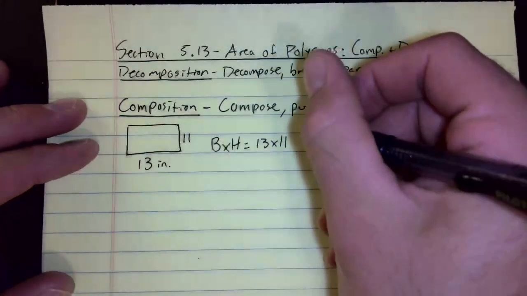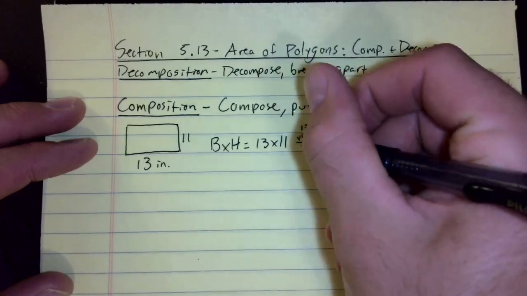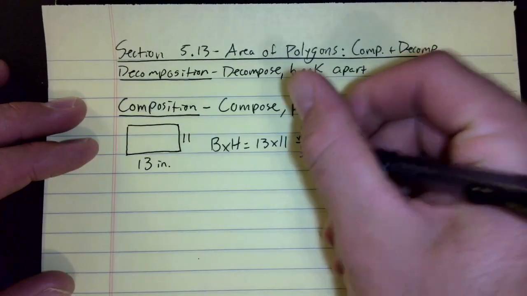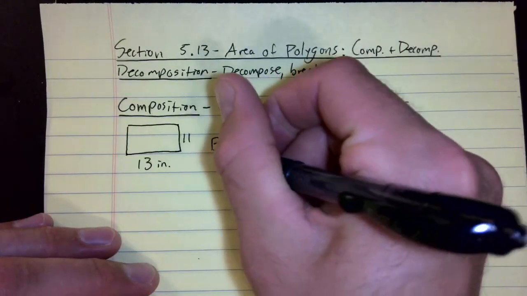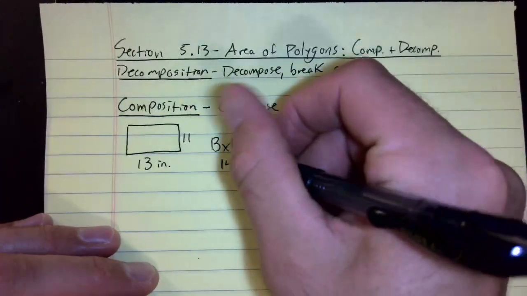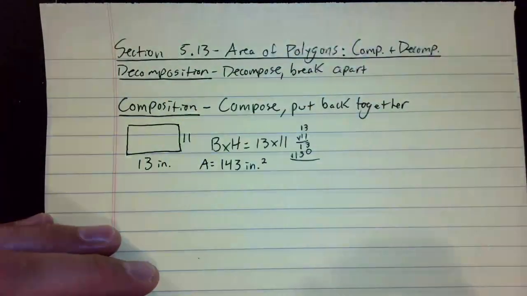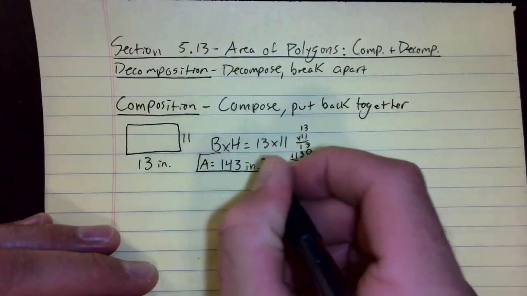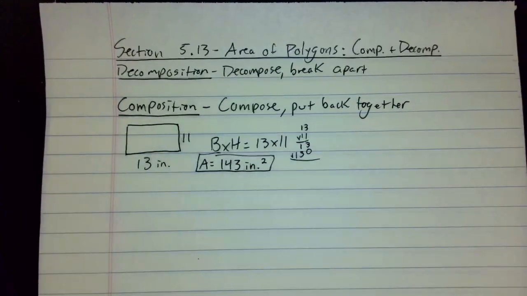When you work that out, you should get 143 inches squared. Area equals 143 inches squared. So that's when we're looking at a rectangle.